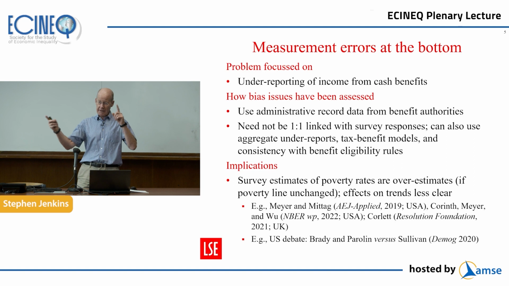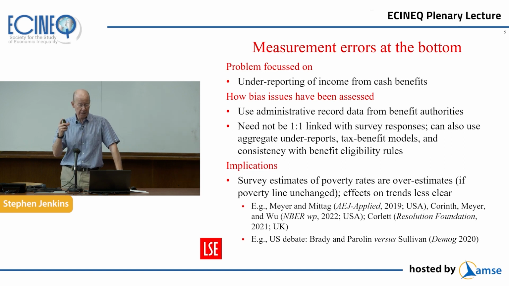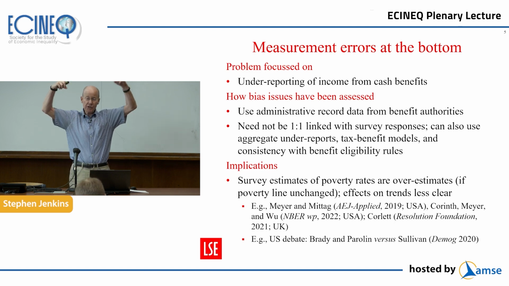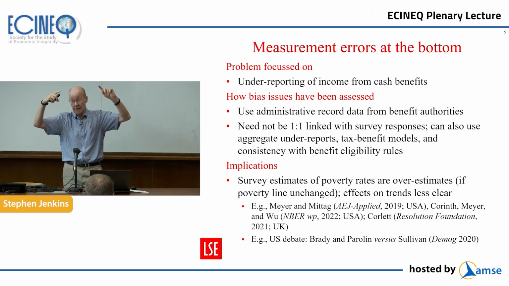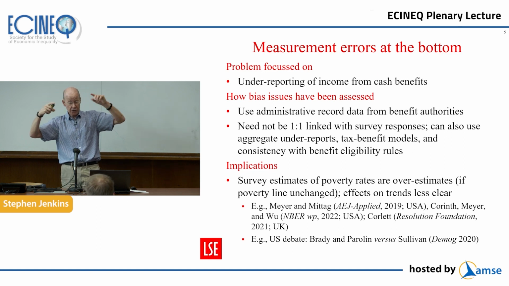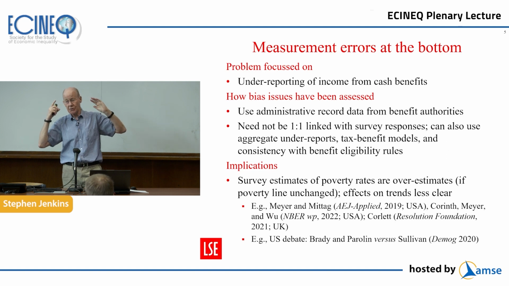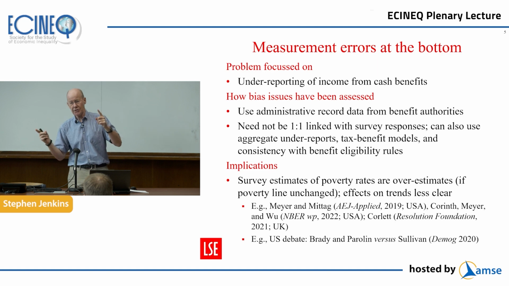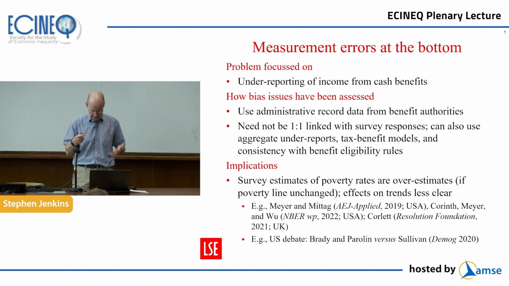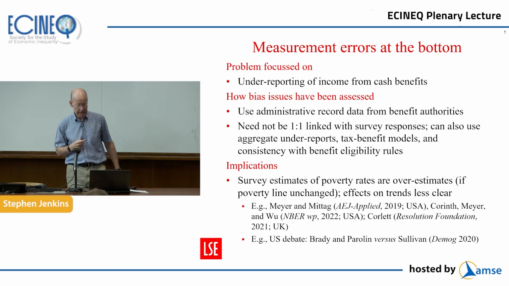Now, we don't typically have the one-to-one linkages in the same way as we do with employment earnings, but you can work things out using the aggregate under-report from the survey compared to the agency that gives out the benefits. You can use models. You can use the fact that particular benefit eligibility rules say that some people should only have particular sorts of amounts, and so on, and do the work. And there's quite a lot about that.